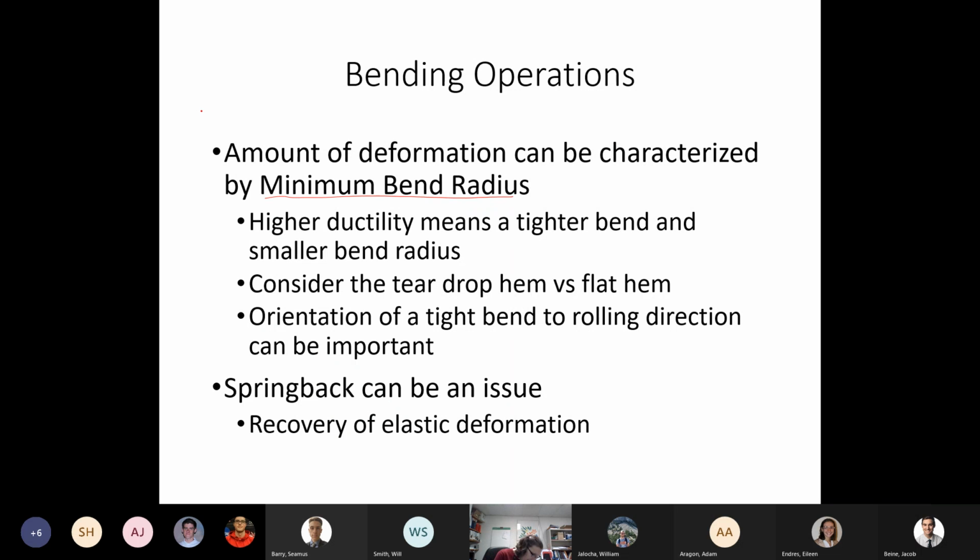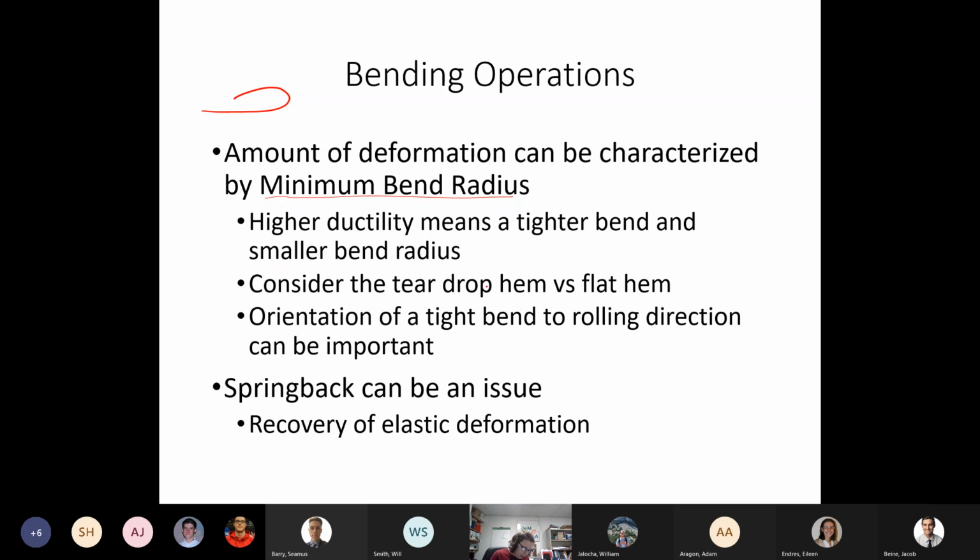So we're looking at what is the radius here. And what we're saying is that the higher ductility means a tighter bend and a smaller bend radius. So a small bend radius is for a tighter bend.